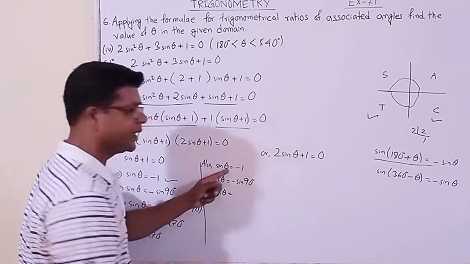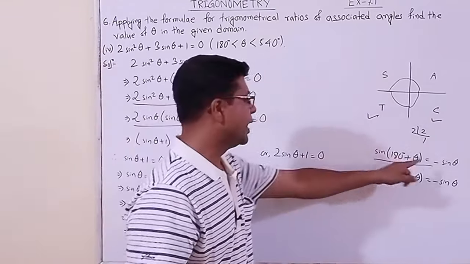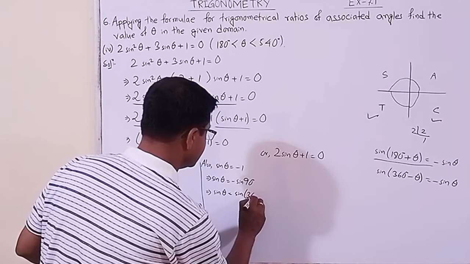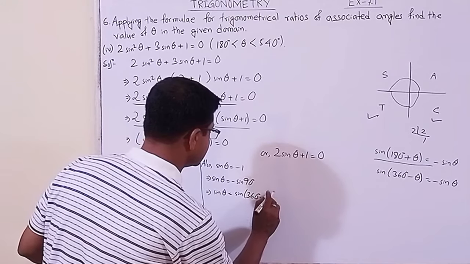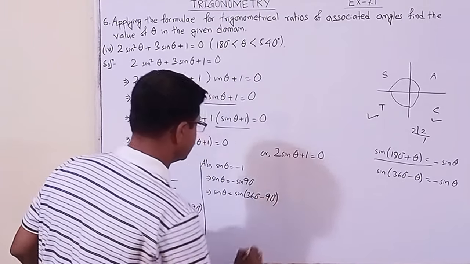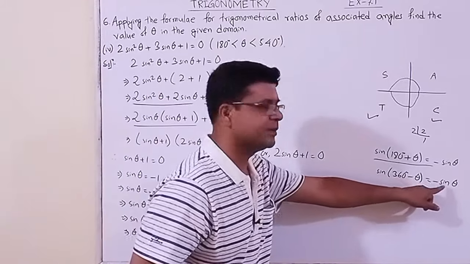Now we need sine negative. Sine is negative in the fourth quadrant. How do we express the fourth quadrant? Sine of 360 degree minus, sorry, we have to write 90 degree here, is not it? Sine of 360 minus theta is minus sine theta.